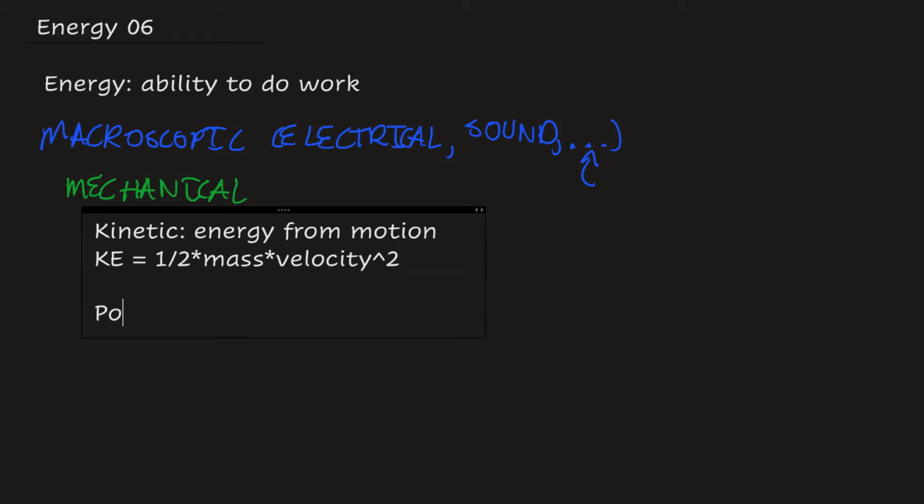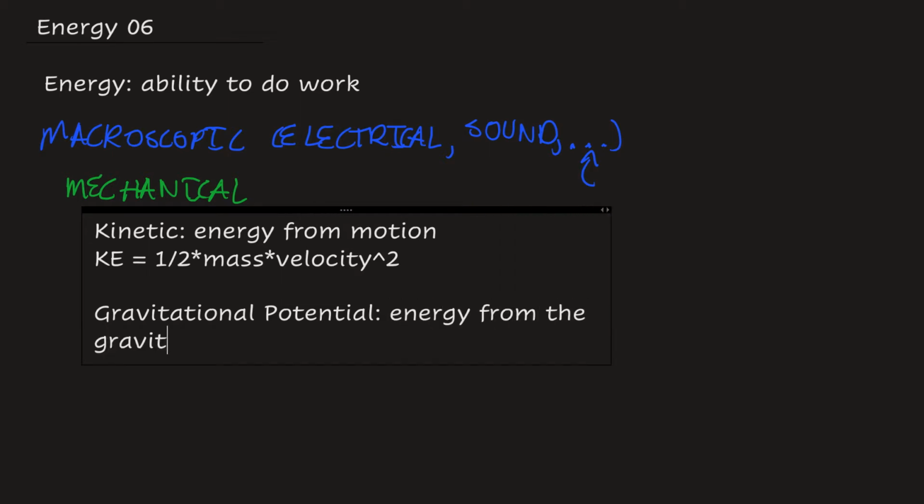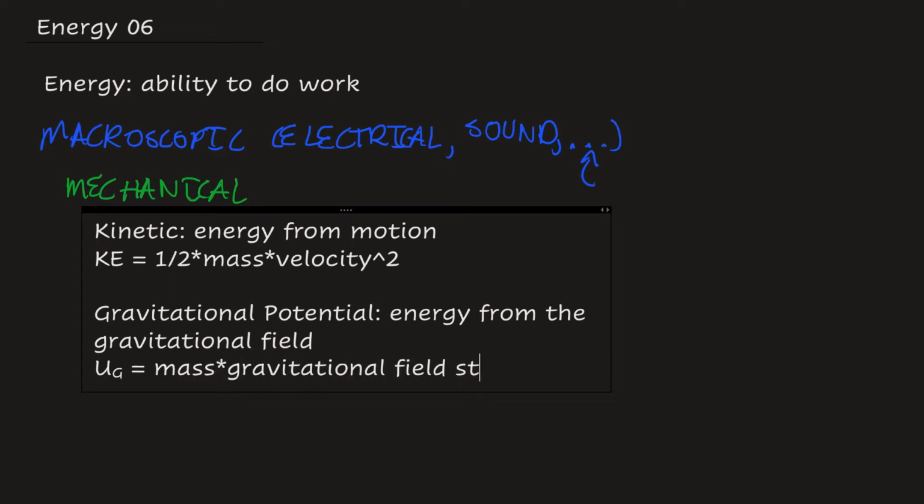Next, we'll look at potential energy, and we're interested in a specific form, gravitational potential energy, and this is just that energy from the gravitational field, whether that's Earth or some other body or planets.